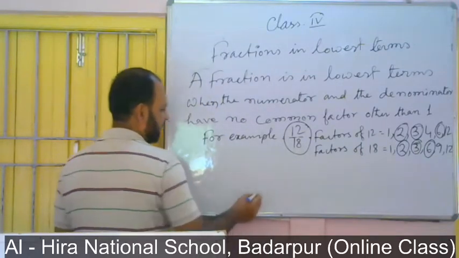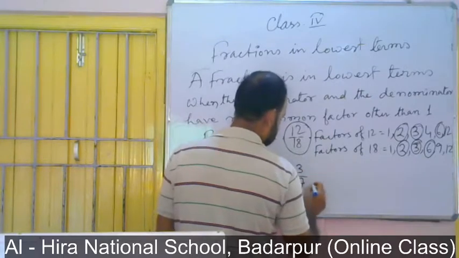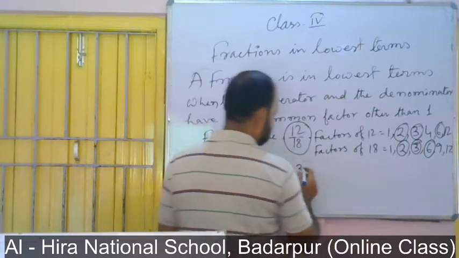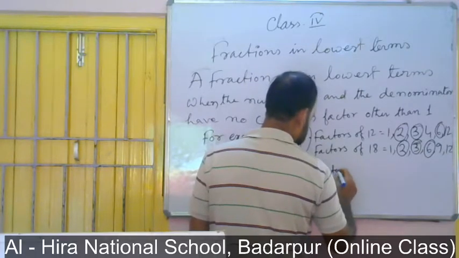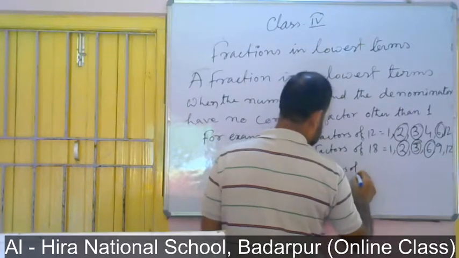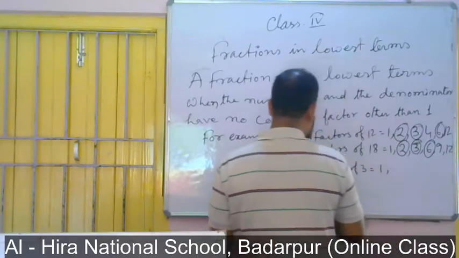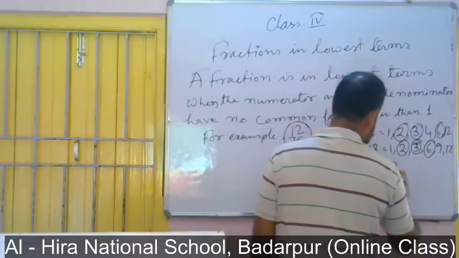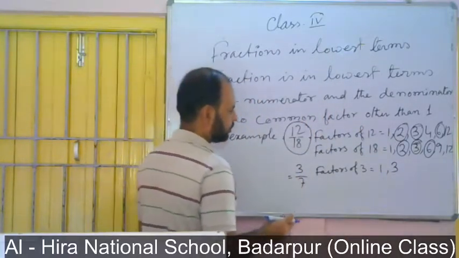Next example, suppose 3 by 7. We take out the factors of 3. 3 is a prime number, so its only factors are 1 and 3.